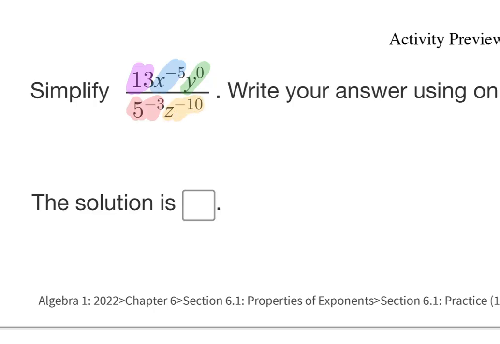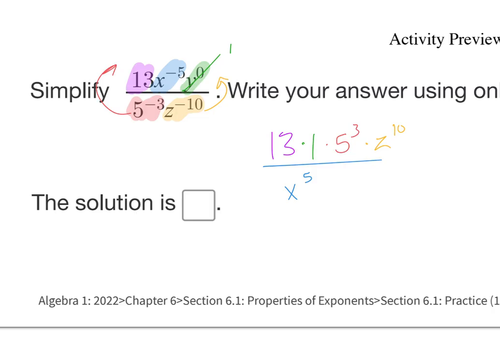Okay, so if we're doing that, then this 13 just stays 13, okay? That x to the 5th jumps down. That y to the 0 is 1, so we can do a times 1 there if you like. This 5 to the negative 3 jumps up, so it becomes like that. And then this yellow piece is going to jump up times z to the 10th.